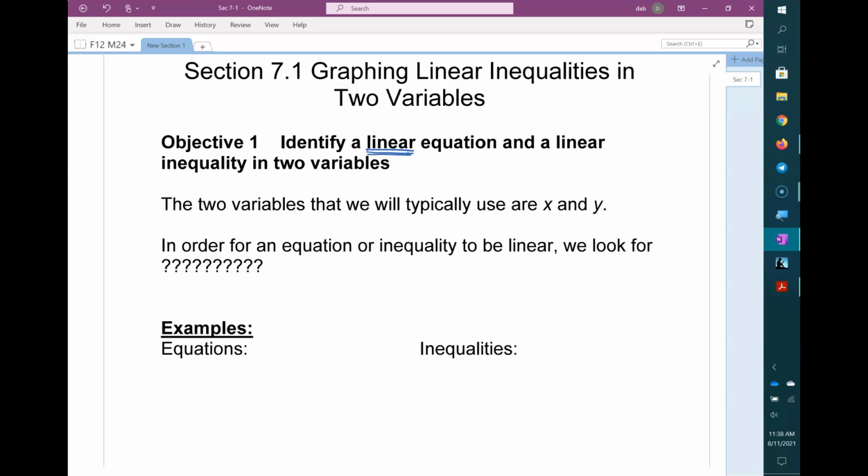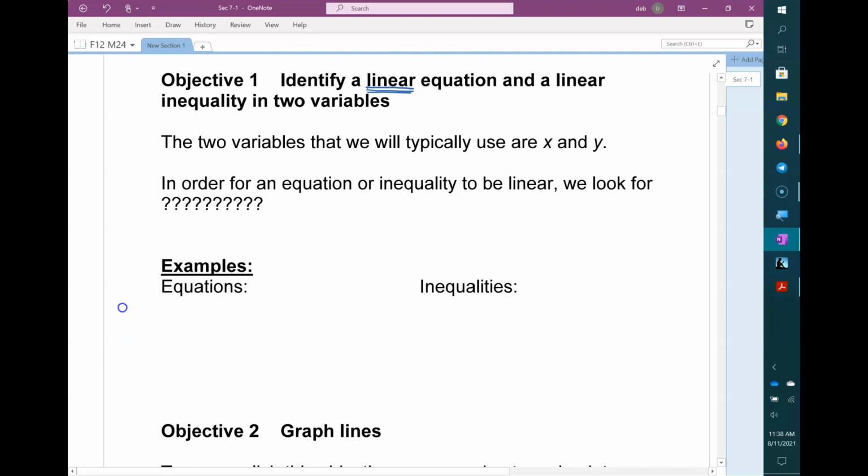Typically the 2 variables that we'll use are x and y. And in order for an equation or an inequality to be linear, we look for, well, hopefully you remember this, the y equals mx plus b guy. Now let's talk about all those letters briefly. The x and the y are the variables.